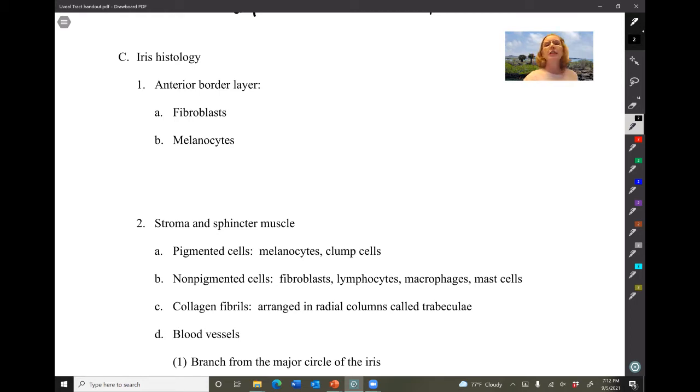The first layer of the iris, most anterior, is called the anterior border layer. This is the surface layer, the most anterior portion of the iris, and it's made up of fibroblasts and melanocytes. Both the fibroblasts and the melanocytes are very highly branching.